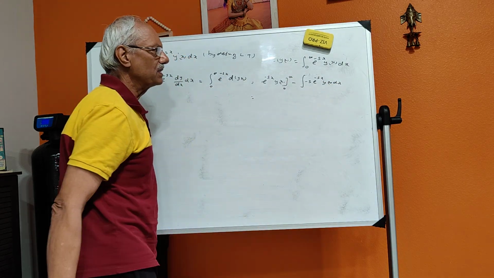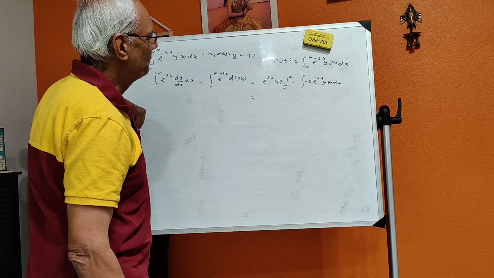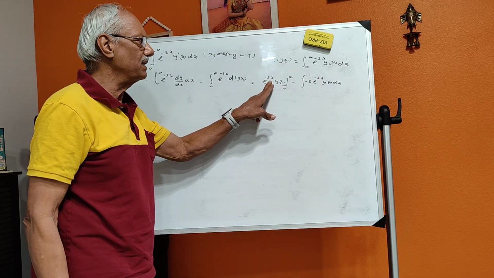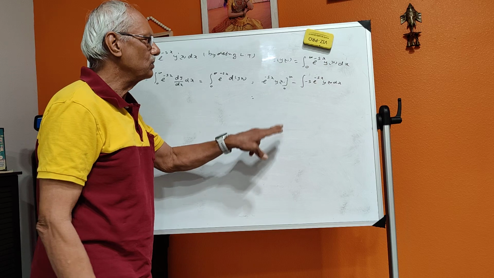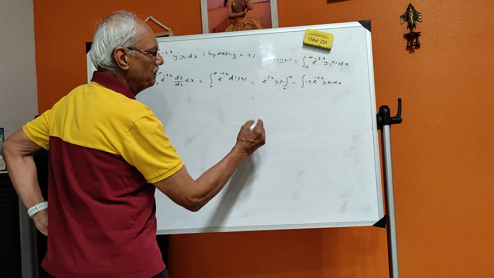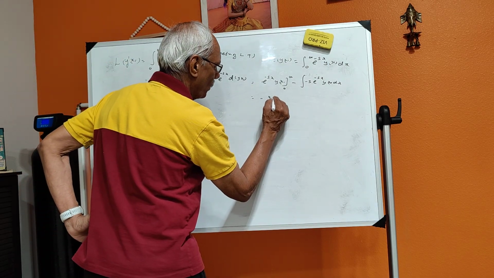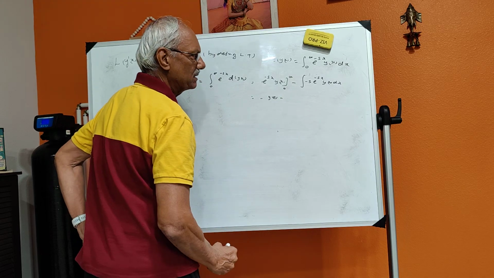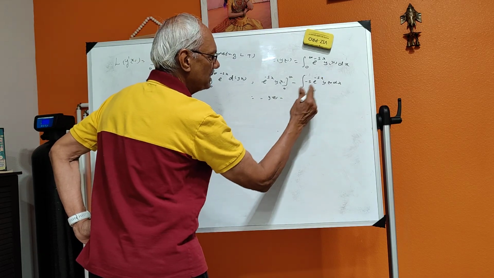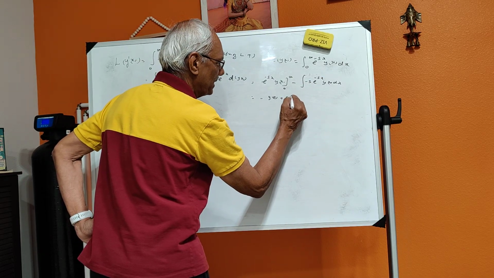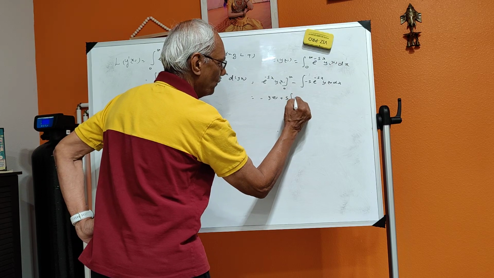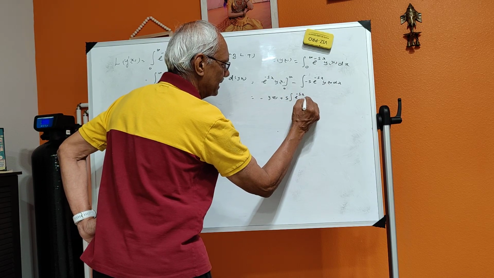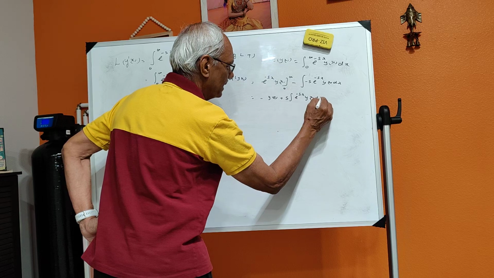When you apply the limits, e to the power of minus infinity is 0. Applying the second limit, it becomes minus y of 0, and minus into minus makes it plus s times the integral of e to the power of minus sx into y of x dx.